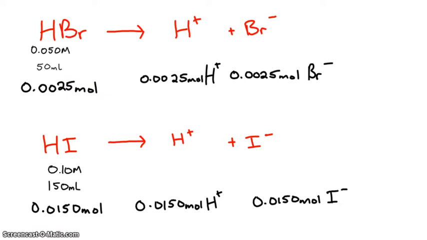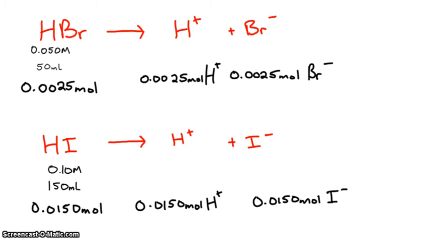Now that we calculated the moles of HBr, we can determine the number of moles of each ion present in that particular solution. Since we have 0.0025 moles of HBr, and HBr is a strong acid, which means it's going to completely dissociate, we're going to end up with 0.0025 moles of H plus and 0.0025 moles of Br minus.